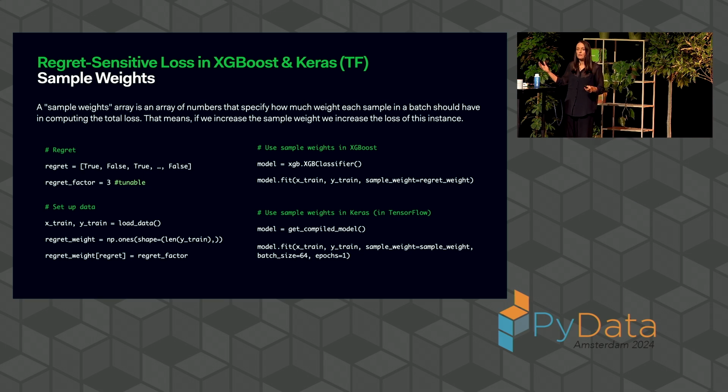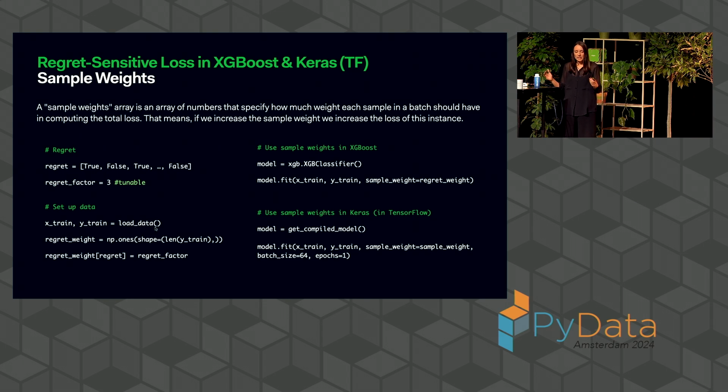So let's assume we have our historical training data, and for each of the samples in the training data, we know if that sample fell into a regret node. So we have this regret list of Booleans that indicates whether the sample fell into a regret node. And then on top, we have a regret factor that is a tunable, or probably should be tuned, hyperparameter that now determines how much we want to increase the loss for a sample that fell into a regret node.